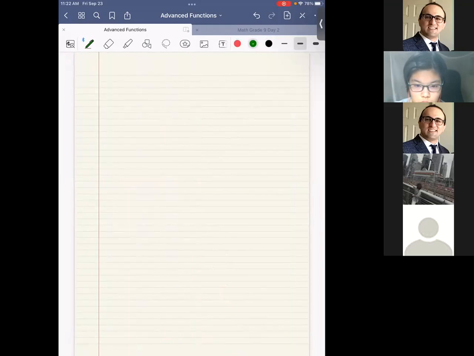This is also known as Euler's number, or also known as the Napier constant. We use the symbol e to denote this number.